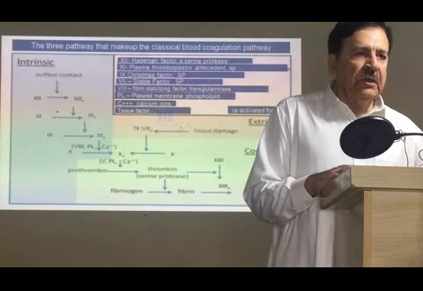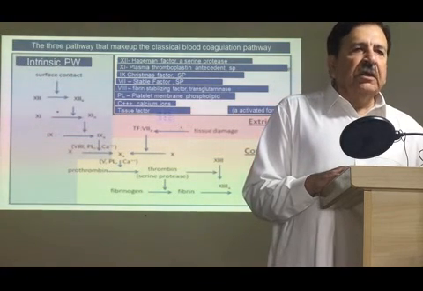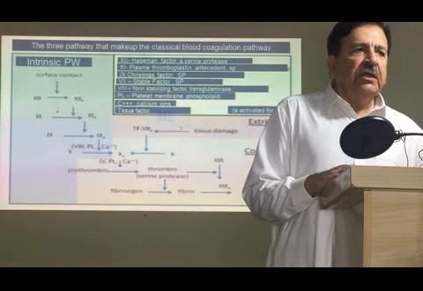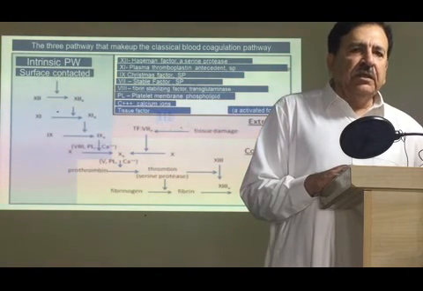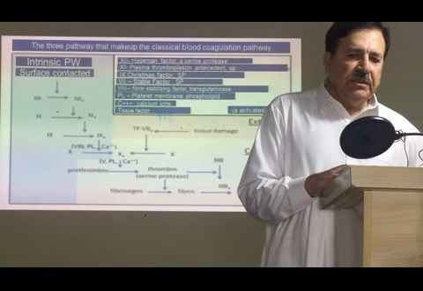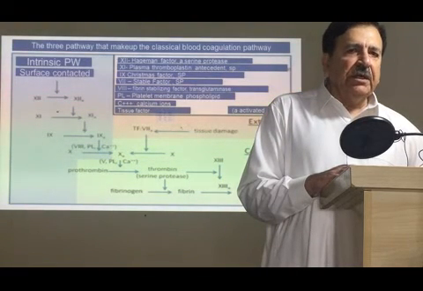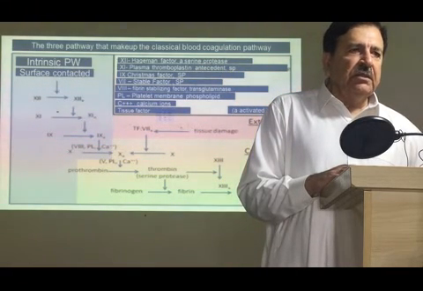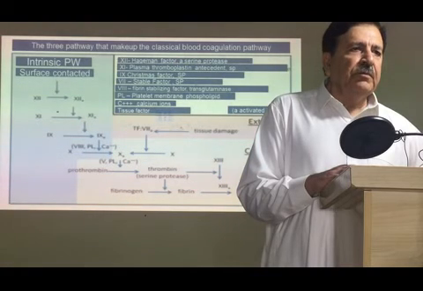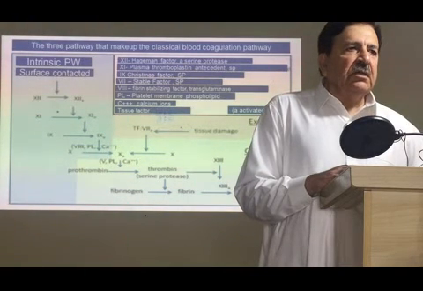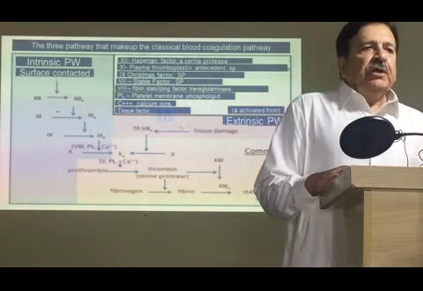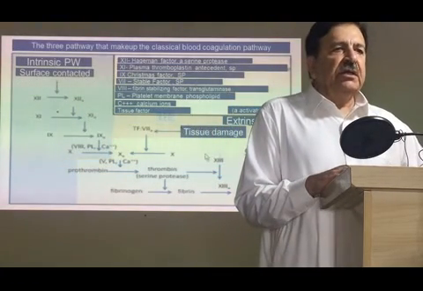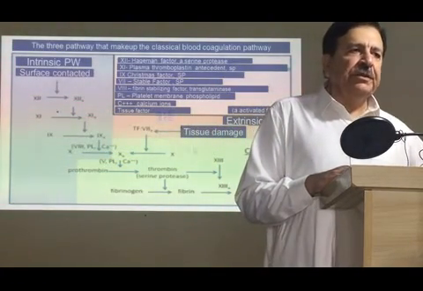So the intrinsic pathway is activated by surface contact when the vessel wall is damaged and surface contact of these coagulation factors occurs, and the extrinsic pathway is activated by tissue damage.